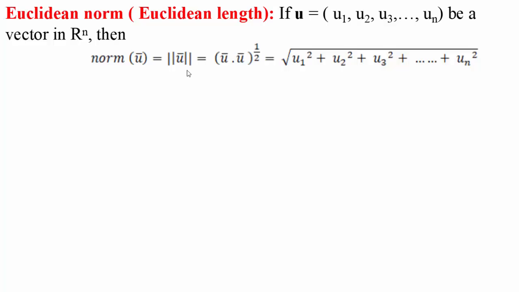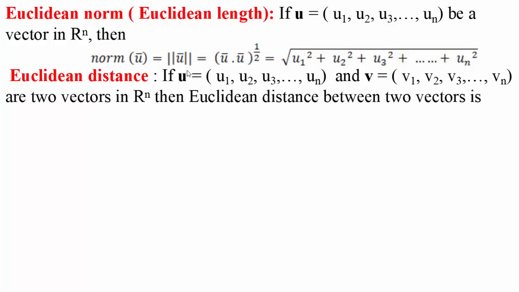Hence the norm of u is defined as the square root of u1 square plus u2 square plus u3 square plus so on un square.